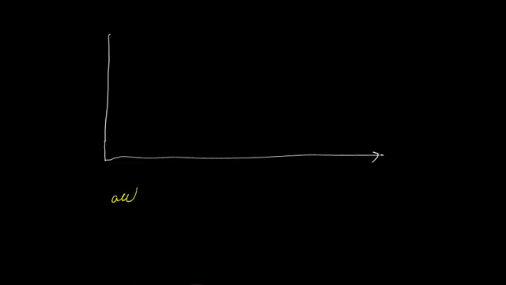This one is the y-axis and this one is the x-axis. On the x-axis he shows the accelerating voltage, and on the y-axis he shows the plate current.